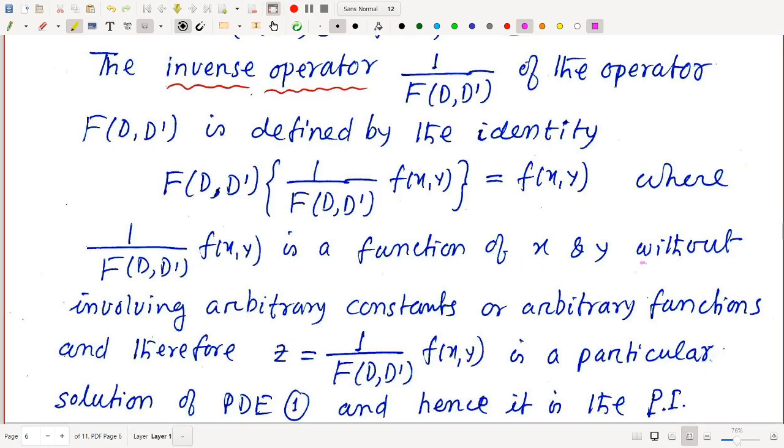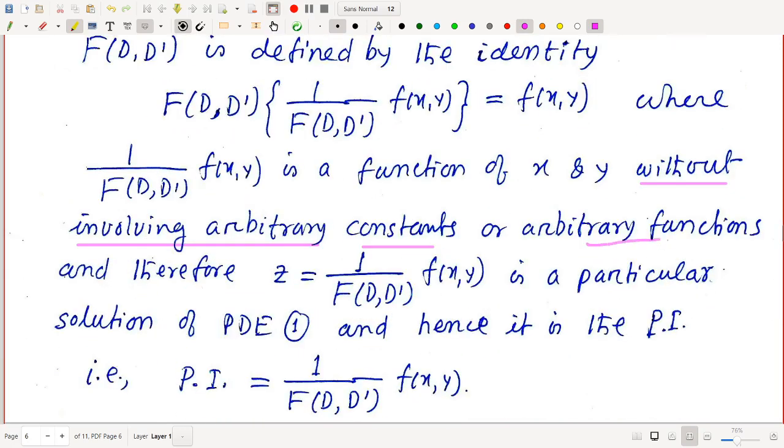That is important, this is our assumption, because we want to find the particular solution, the particular integral.